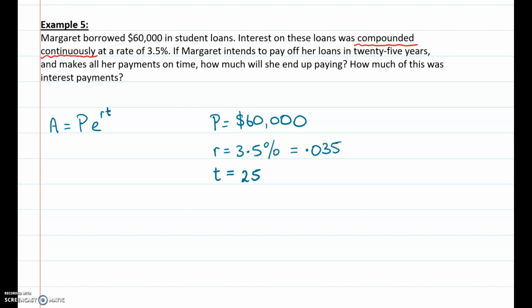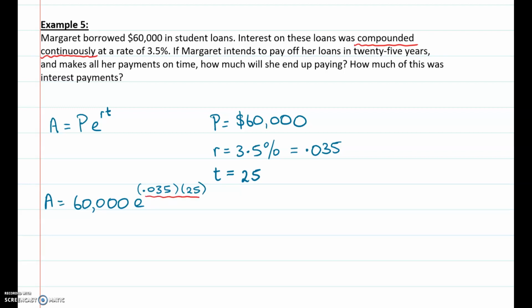Okay, so if we follow the formula, we have A is equal to 60,000 times e to the 0.035 times 25. Now, if you remember, we did this before.